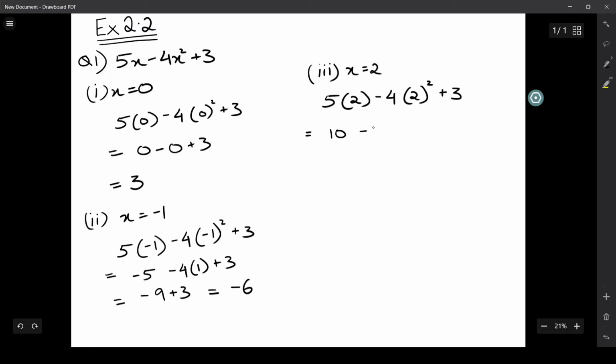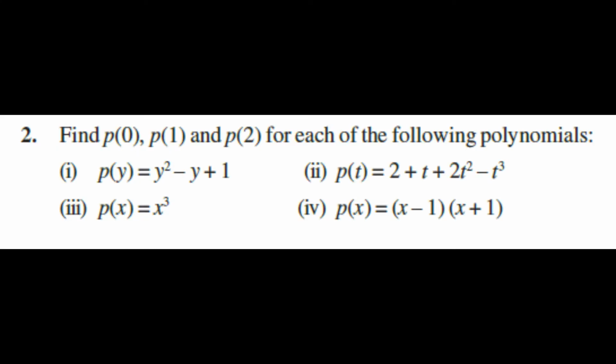This gives us 10 minus 4 into 4 plus 3, which gives us 13 minus 16 or minus 3. And these are the values at the respective points that the question is asking us.